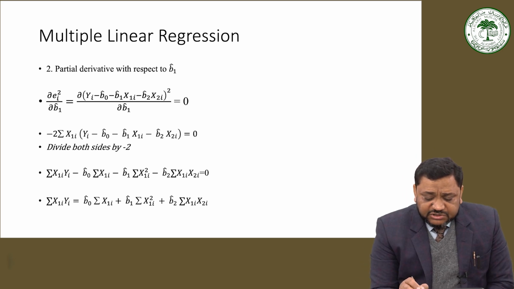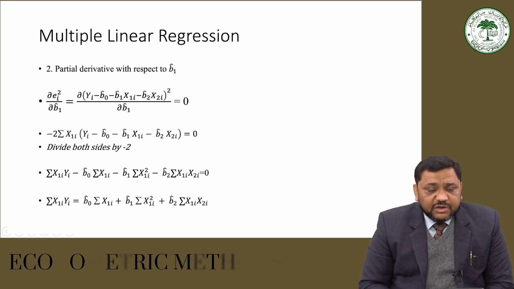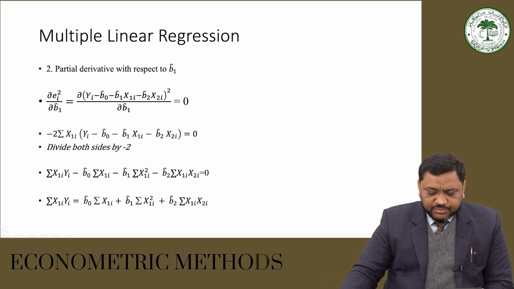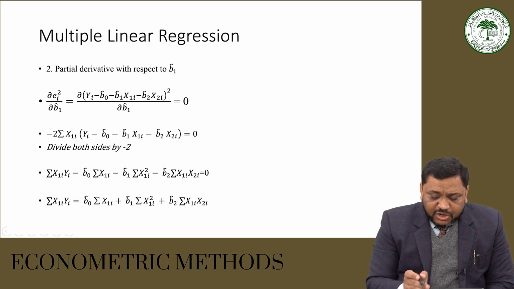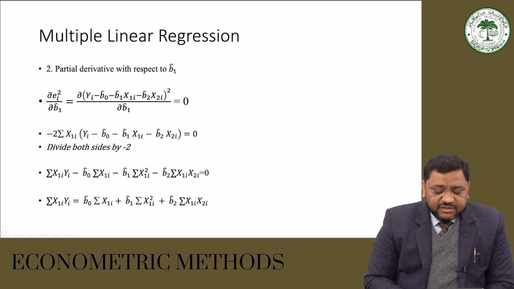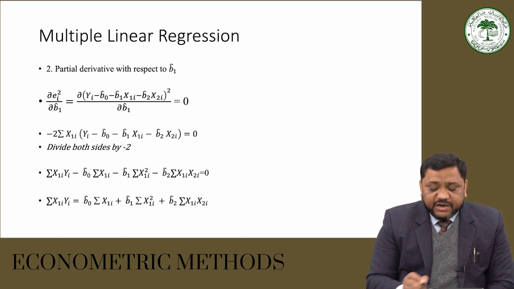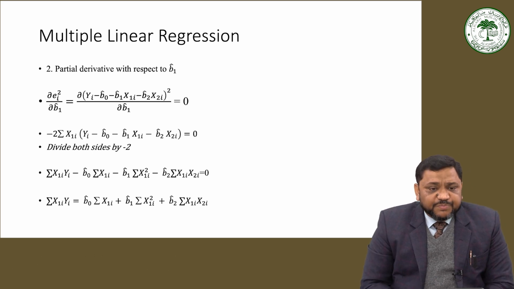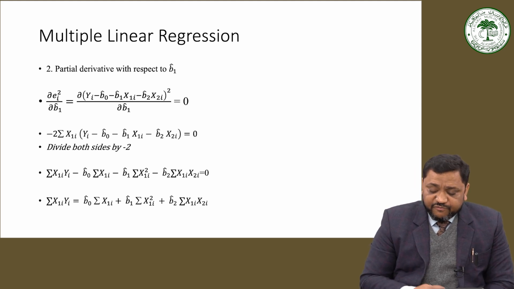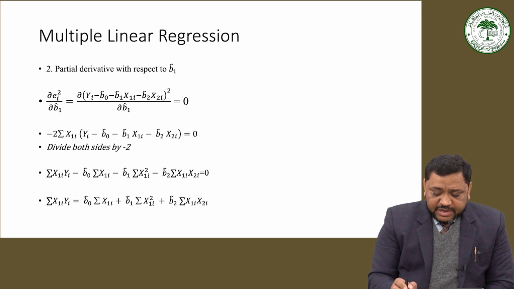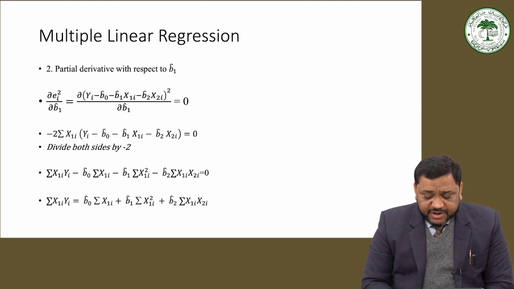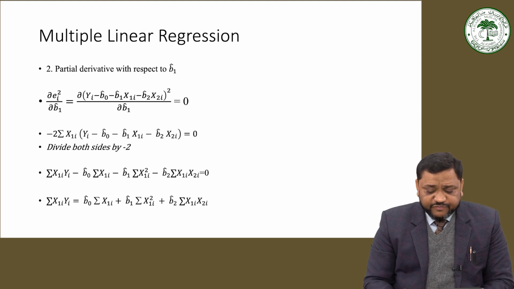Next, we do the partial differentiation of the same equation with respect to b1. Upon doing that, we get minus 2 summation x1i (yi minus b0 hat minus b1 hat x1i minus b2 hat x2i) is equal to 0. Now again we simply divide both sides by 2, so this 2 vanishes.